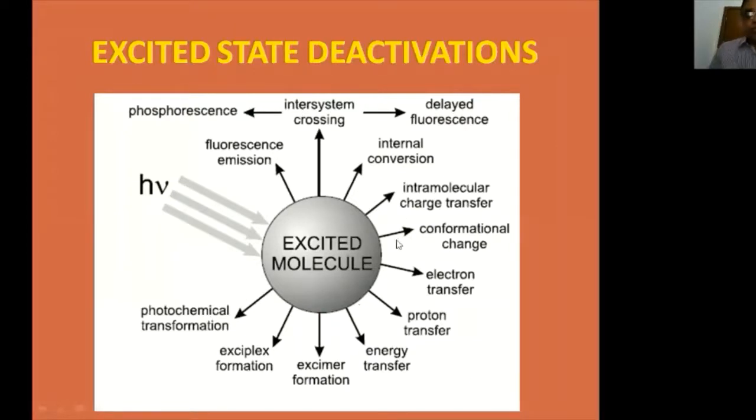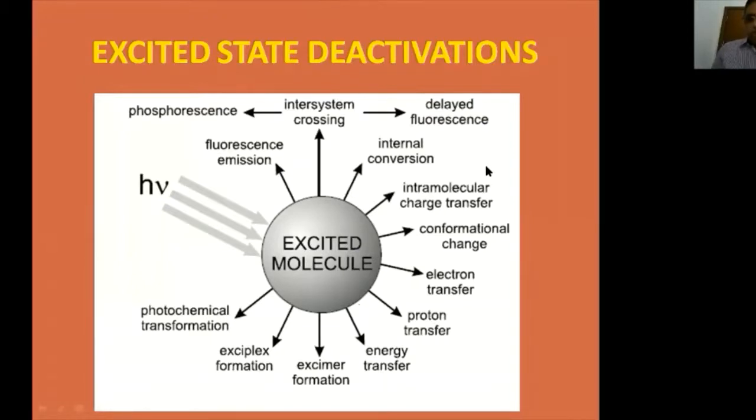You have the possibility of different deactivation pathways of the excited state molecule. Intersystem crossing includes phosphorescence and delayed fluorescence. This is how you can look at the overall deactivation of the excited state.